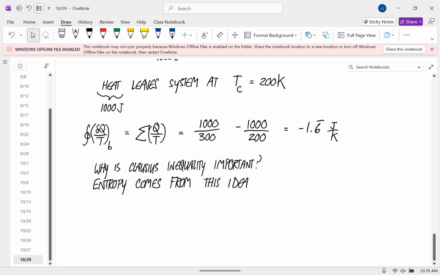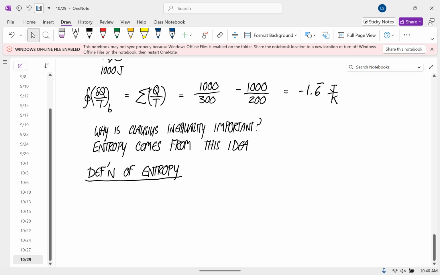And so the definition of entropy, you're going to see the connection to the Clausius inequality. The definition of entropy is maybe the first time you see it, it's surprisingly abstract. You can't design a thing that goes and measures entropy. It's a very mathematically defined thing.